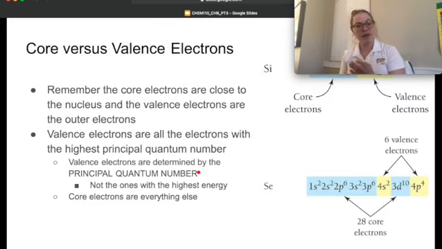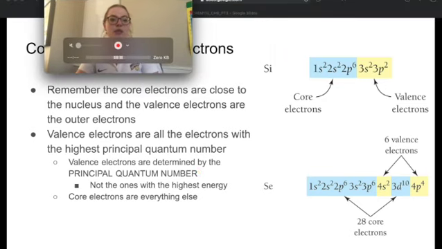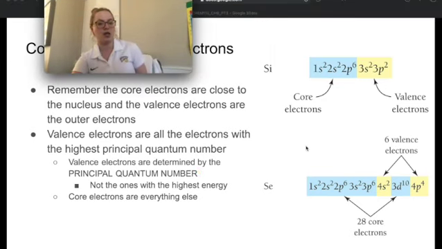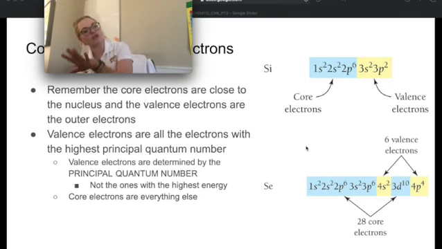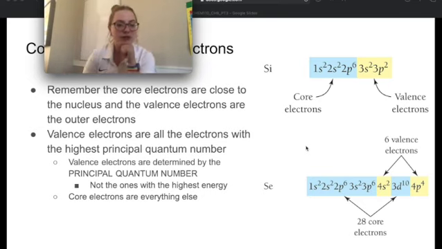So, how do we identify core and valence electrons when we are talking about an electron configuration, for example? Again, remember those core electrons are close to the nucleus and the valence electrons are the outermost electrons.